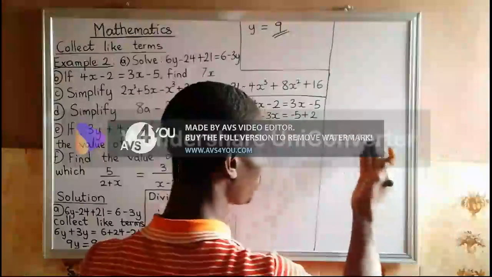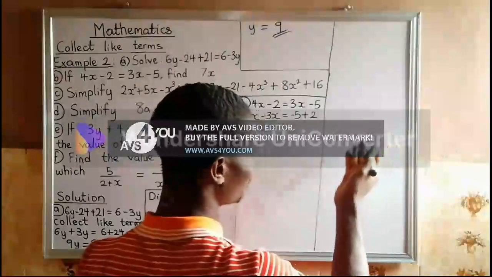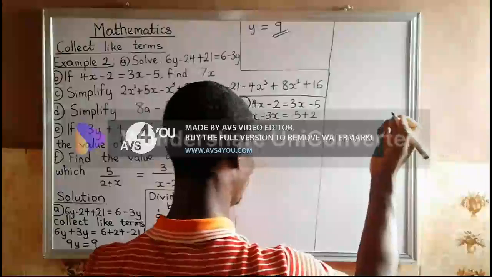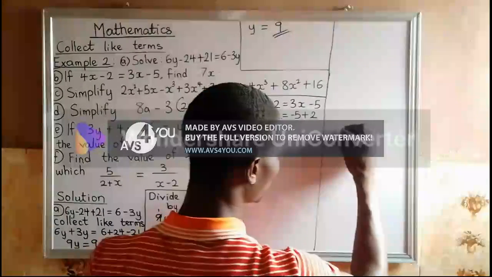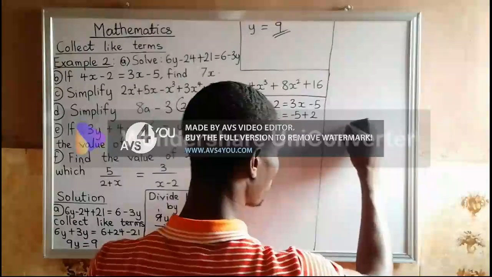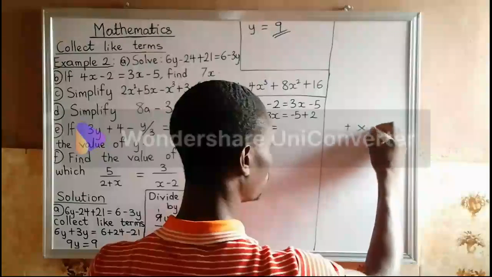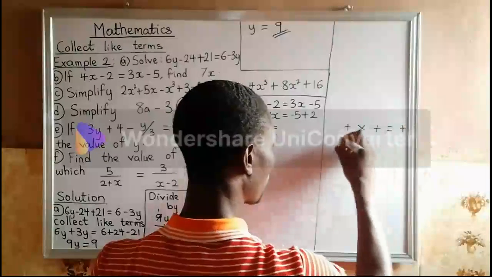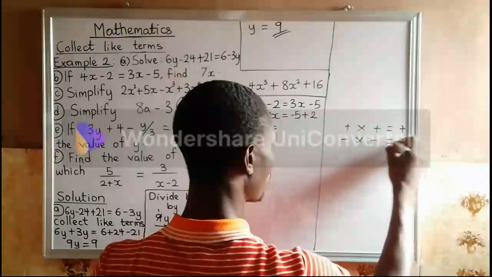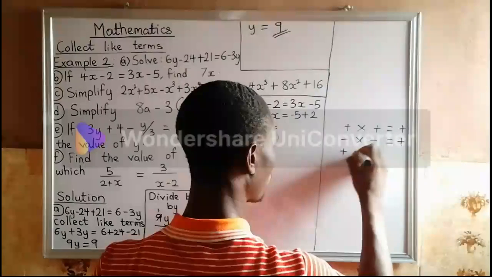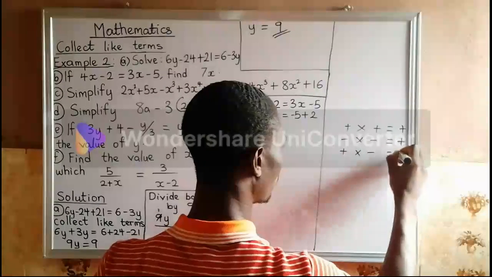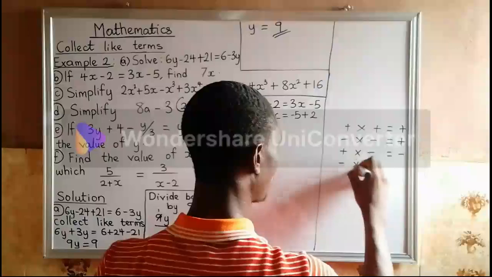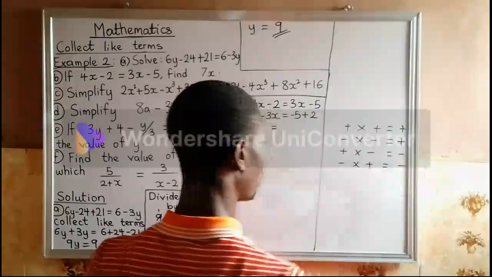When you are multiplying signs, I want to recall that we know that plus times plus is plus, minus times minus is plus, plus times minus is minus, and minus times plus is also minus.